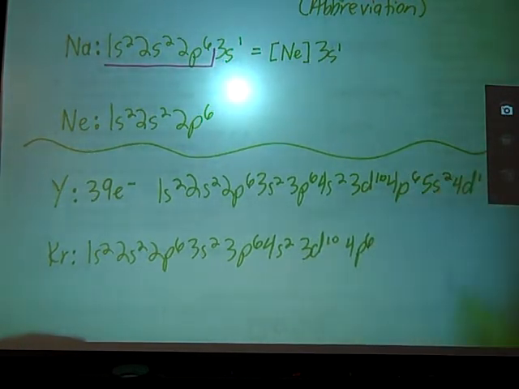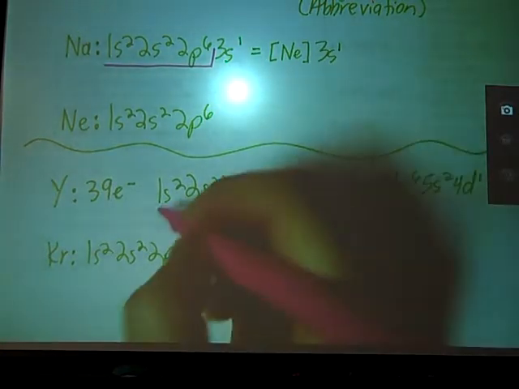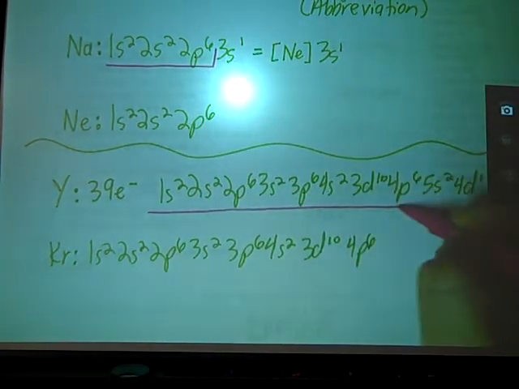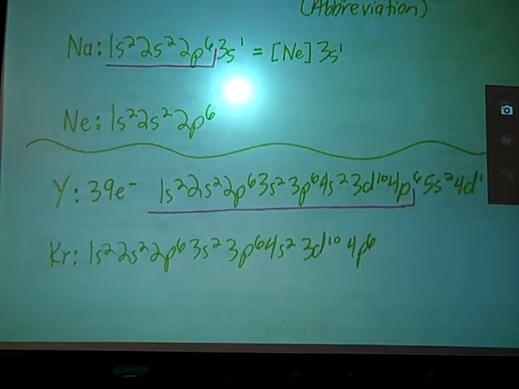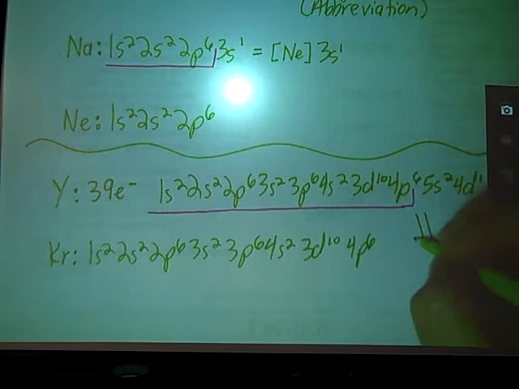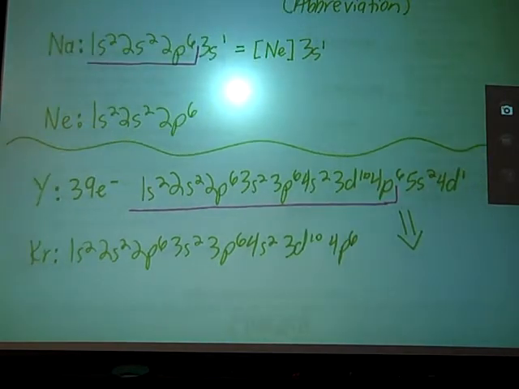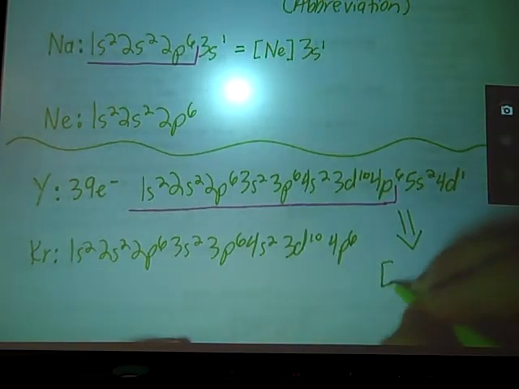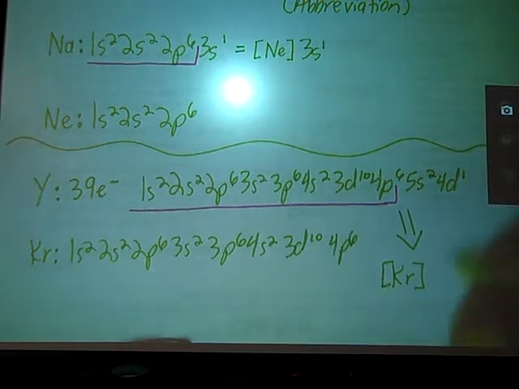Oh, that's it. So, yttrium and krypton have the same electron configuration to that point. So if I wanted to write the noble gas configuration for yttrium, I would write krypton in brackets and then fill in the last little bit of the config.